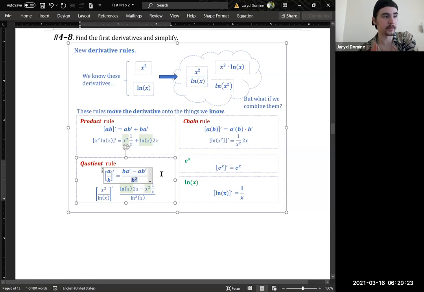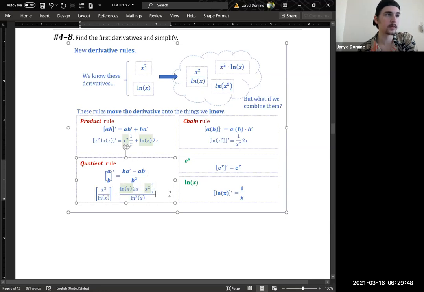Okay, this is the formula. And so what's done again is it's taken the derivative of this fraction, and instead now we have a derivative on the top part and a derivative on the bottom part individually. So if you know how to do those derivatives individually, then you can answer this problem. And so if we had x squared over log x, we would get this whole fraction.